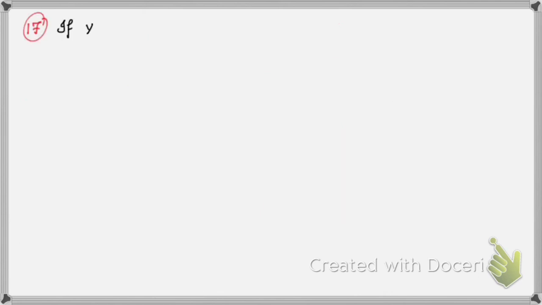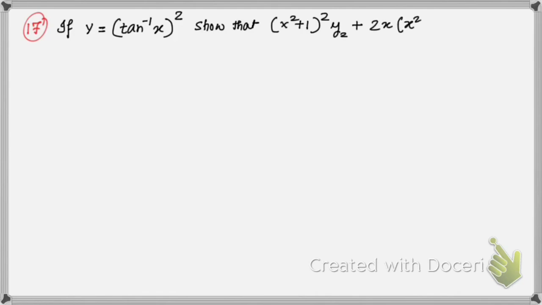Question number 17. If y is equal to tan inverse of x whole square, then x square plus 1 whole square y2, where y2 represents the second order derivative of y, plus twice x square plus 1 into y1, that is the first order derivative, is equal to 2.